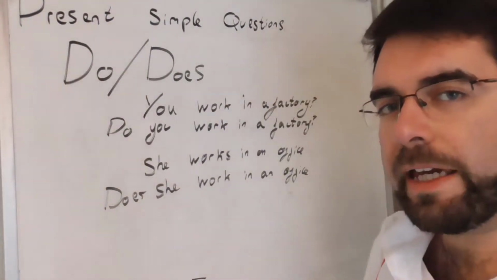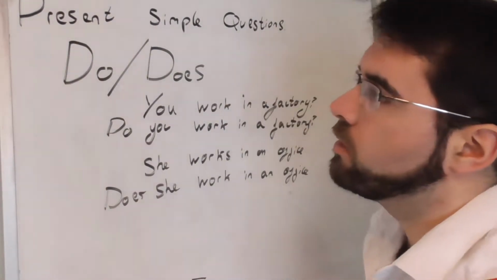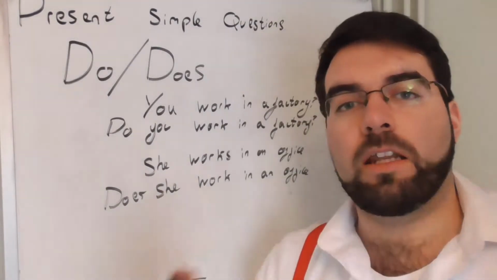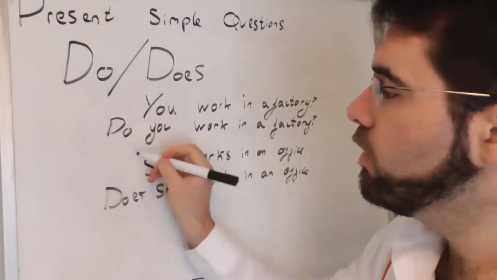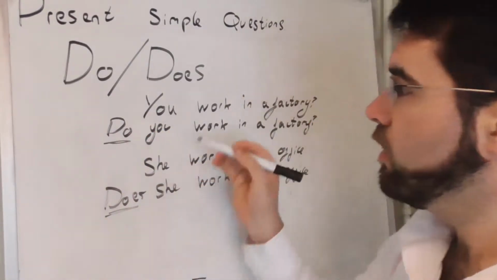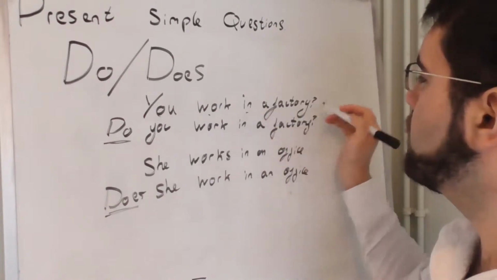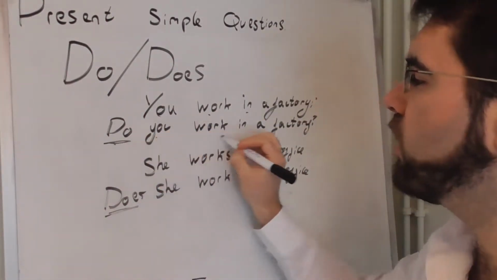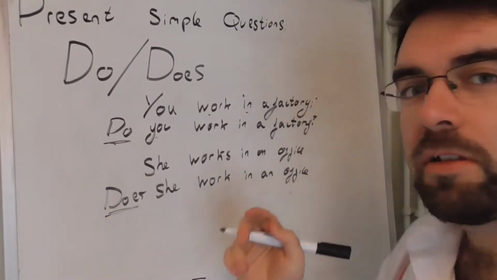But we can also not alter the sentence and instead just add do or does straight away to make it into a question. So, you work in an office, statement. Do you work in an office? Question.